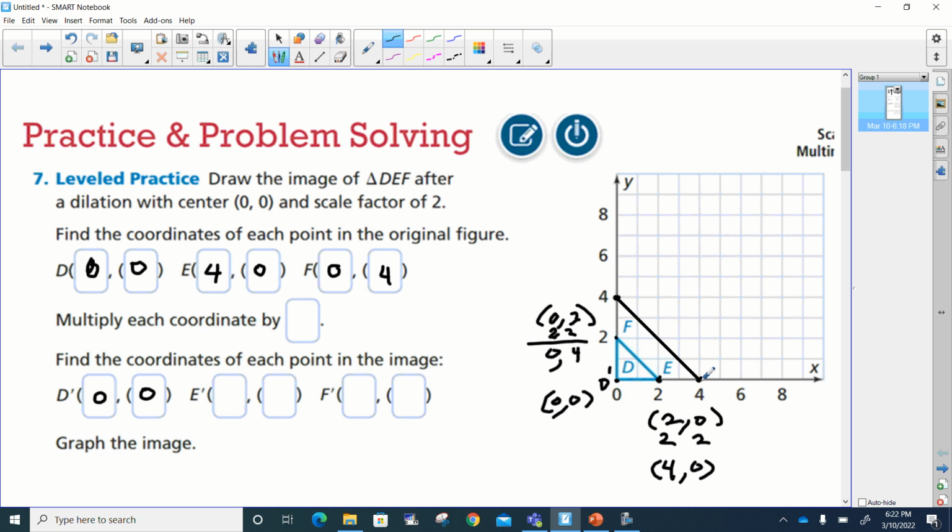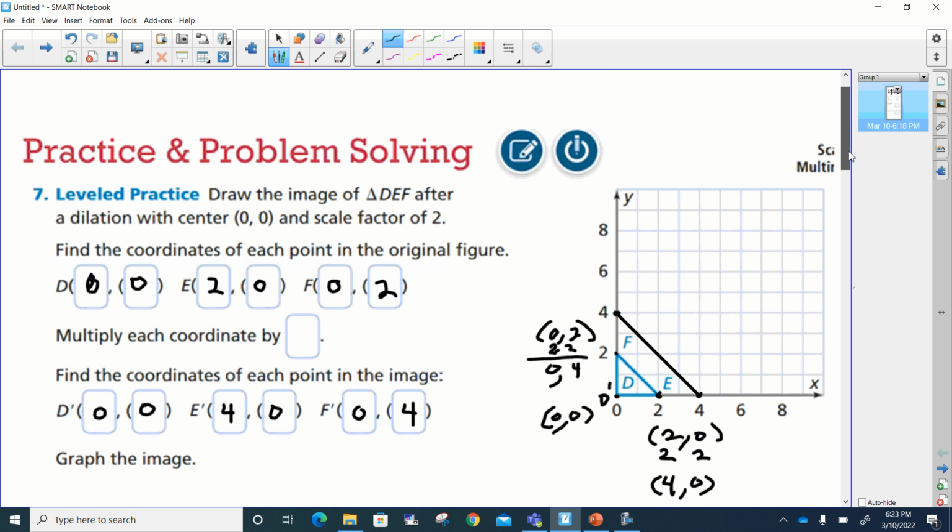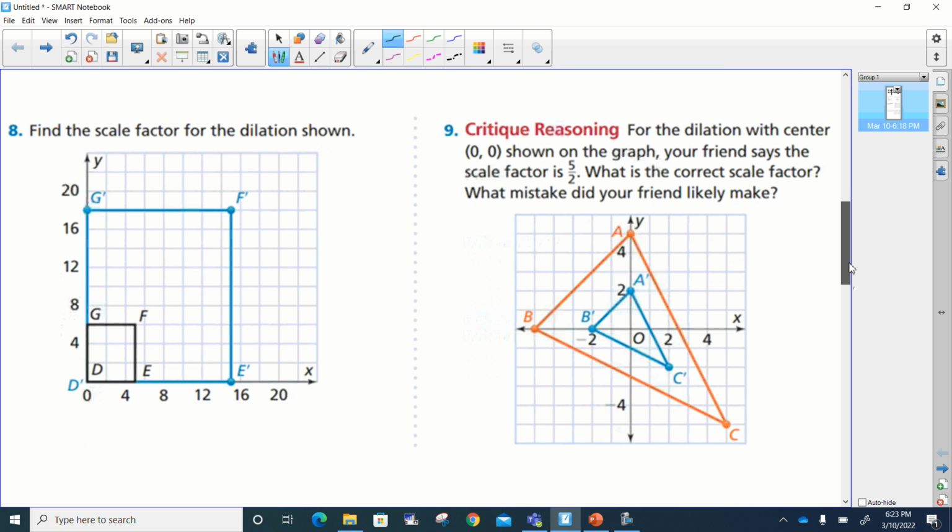E is now going to be 4 and 0. I'm sorry, I messed this one up over here. Forgot we were talking about the original. The original was actually 2 and 0, and 0 and 2. Apologies. So the actual E prime will be 4 and 0, and F prime will be 0 and 4. Sorry about that. All right, let's set to graph the image. We already did. Let's go to number 9 now.